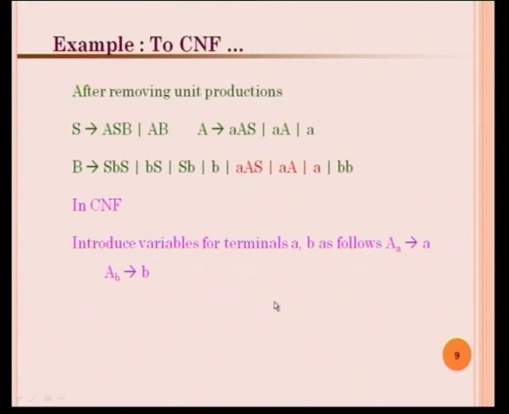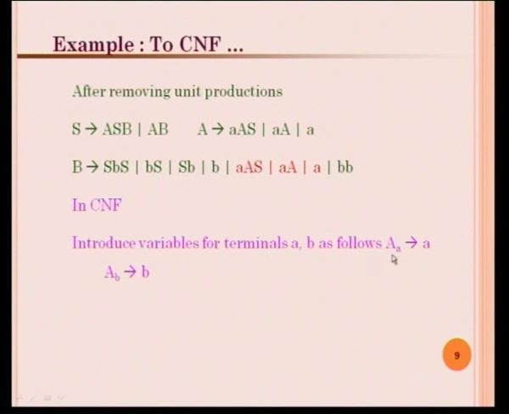So, wherever we find that there is only one terminal, leave it, and wherever we find that there are only 2 variables on the right hand side, leave it, and if there is any violation, what should be done first is every terminal available on the right hand side should be given some replacement. For example, here we have the terminals small a and small b.